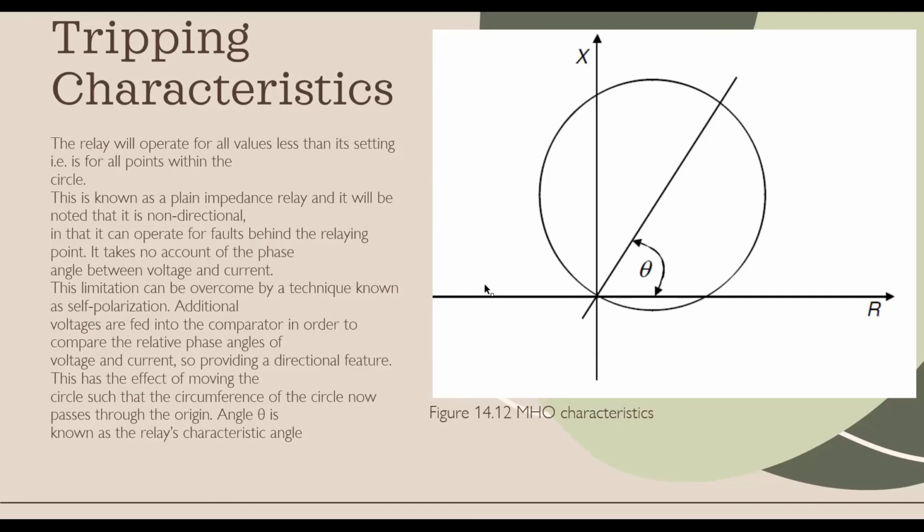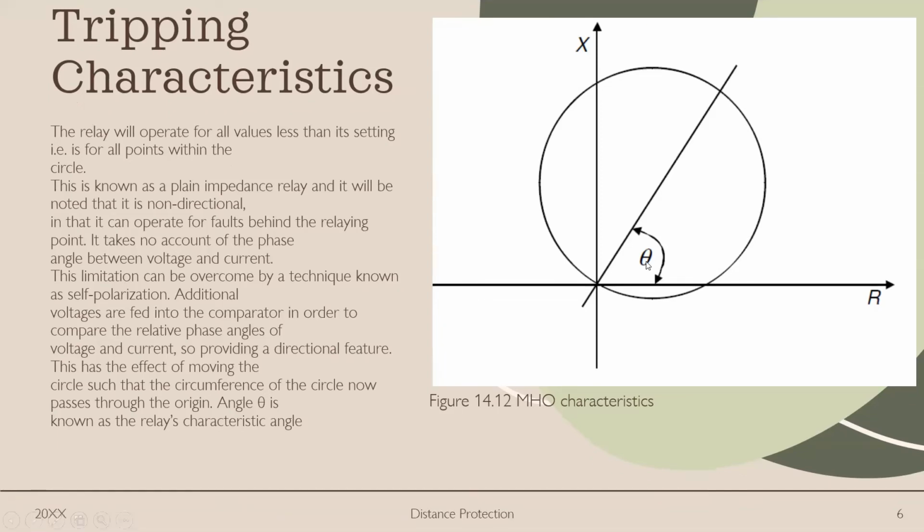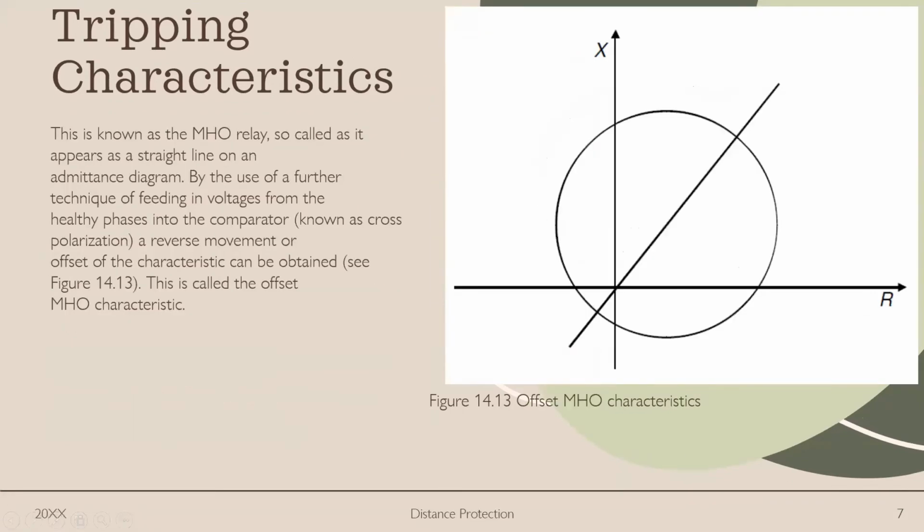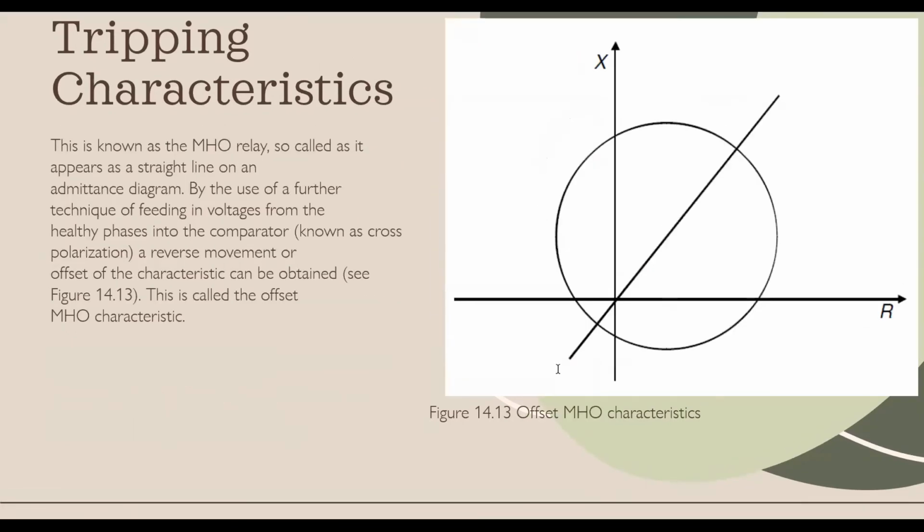Angle theta is known as the relay's characteristic angle. This is known as an MHO relay, so called as it appears as a straight line on an admittance diagram.